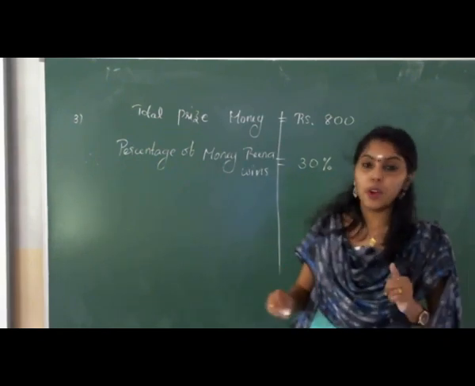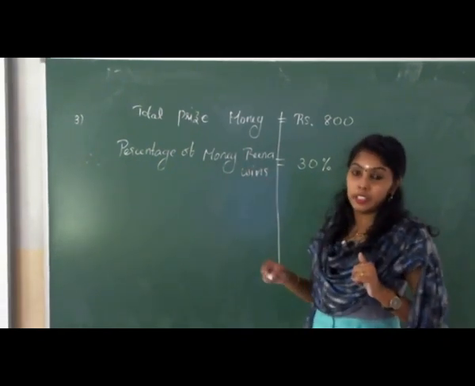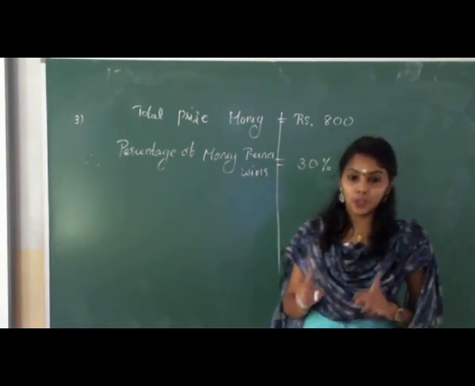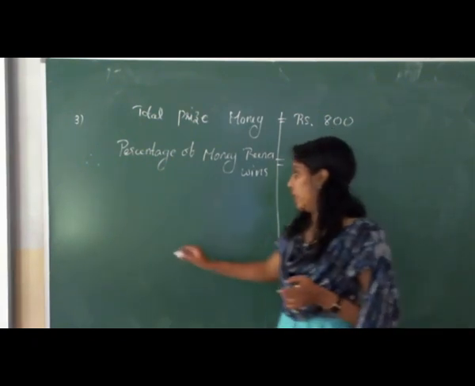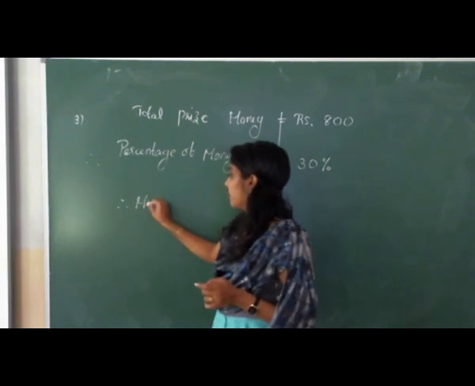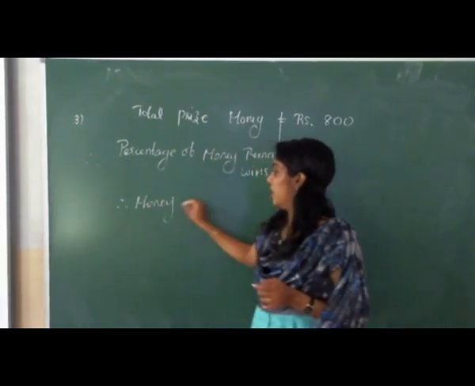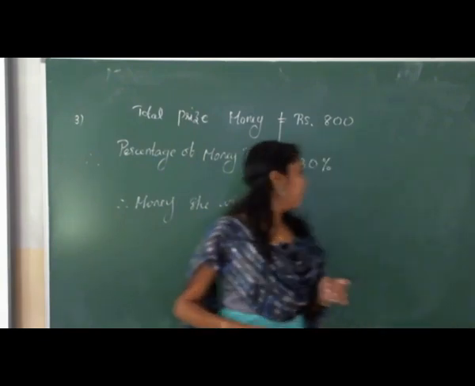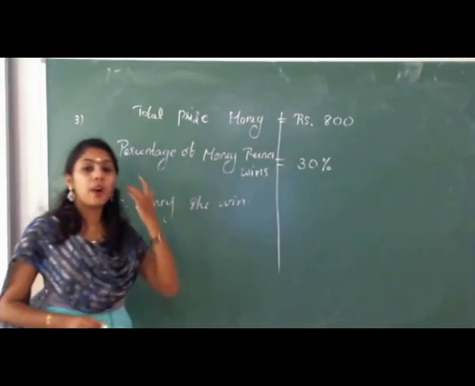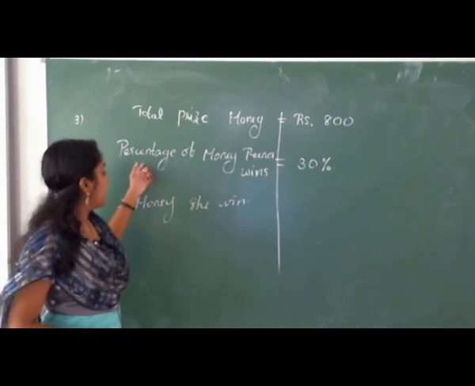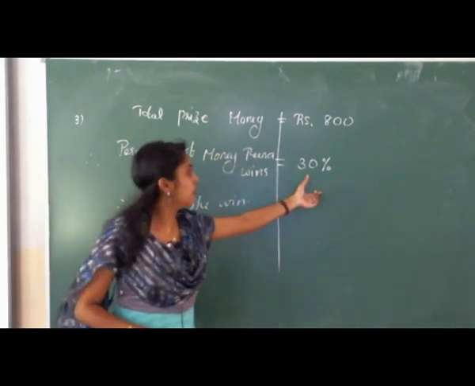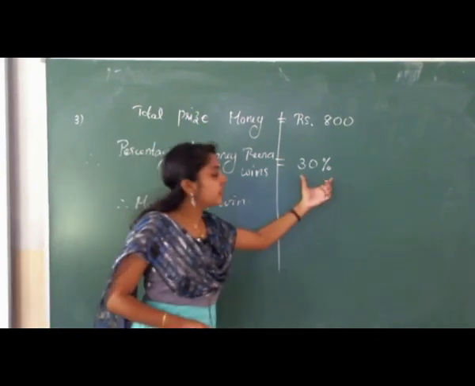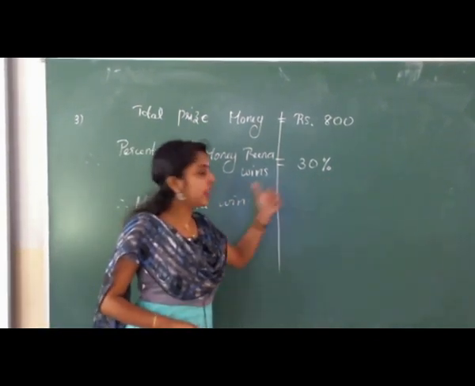What do we have to find out? Percentage is given. We have to find out how much money. Therefore, money she wins. Okay, so we have to find out the money she wins. They have given the percentage, 30% out of 800. But we have to find out what this 30% is, how much money.